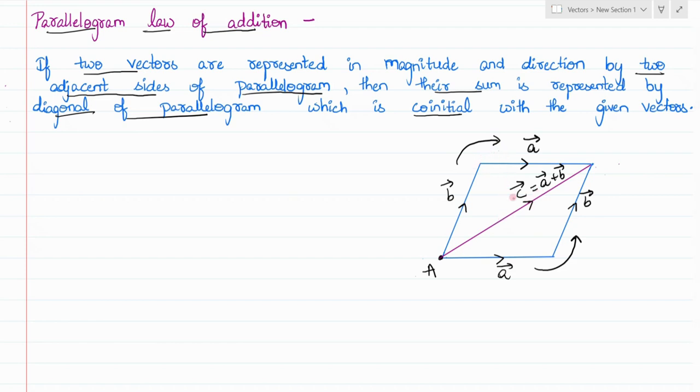Then their sum will be in the reverse order, that is C, which can be written as B plus A or resultant of B plus A. Now we can write this as B plus A is nothing but C, and which can also be written as A plus B. And similarly, this C is called the resultant of A plus B or resultant of B plus A.